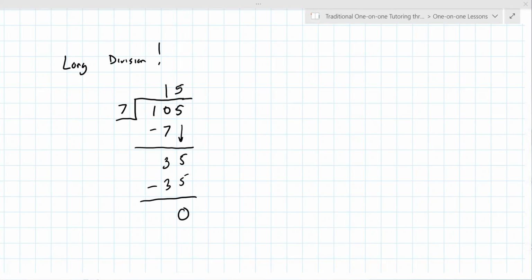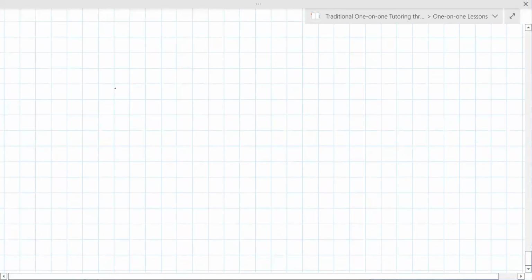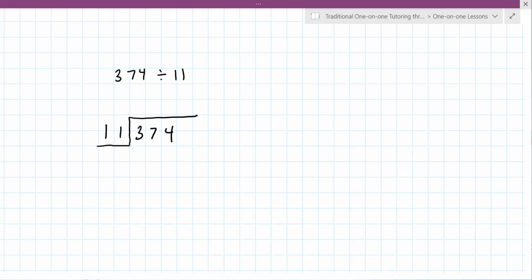Okay, let's say I wanted you to take 374 and divide it by 11. Which number goes outside of the house? Which number goes inside the house? 11 outside and then 374 on the inside. Okay.